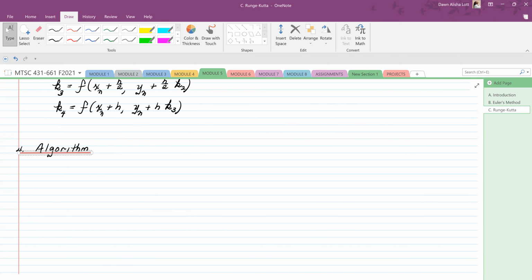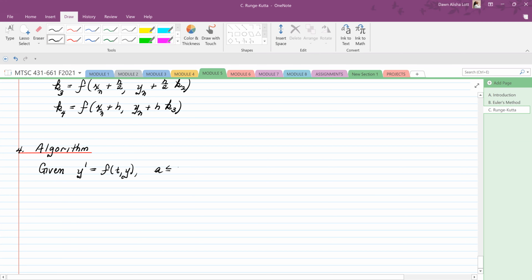Okay, so here's the algorithm. You're given y prime equal to f of t and y, a less than or equal to t less than or equal to b, with y at a equal to alpha.